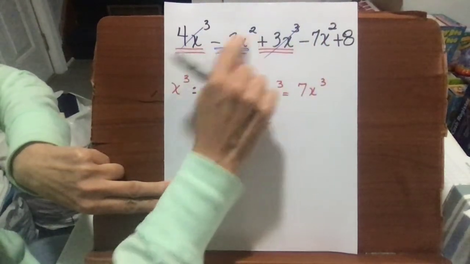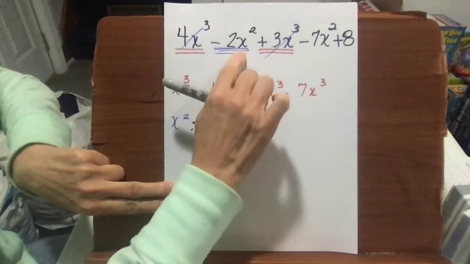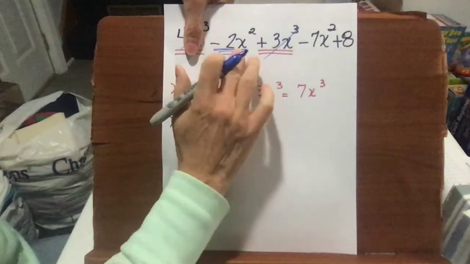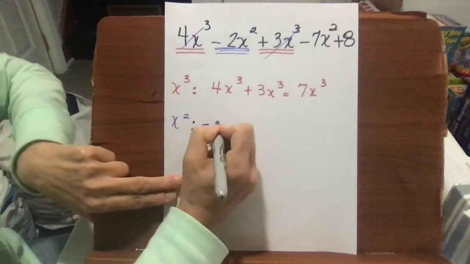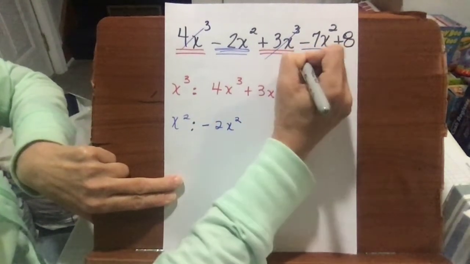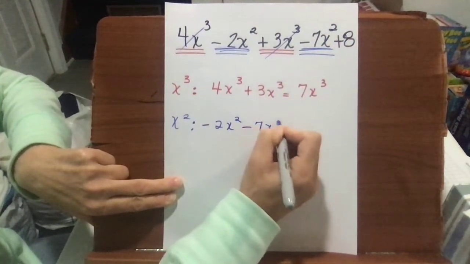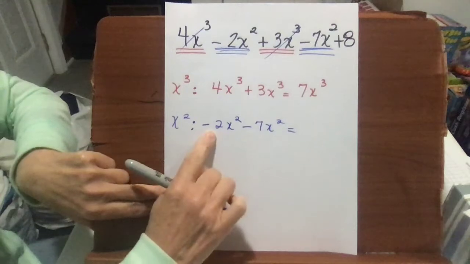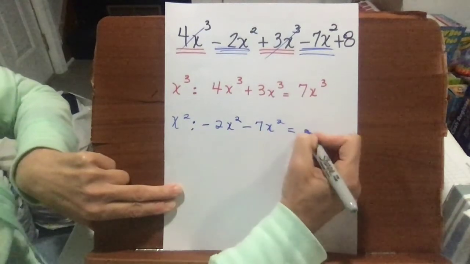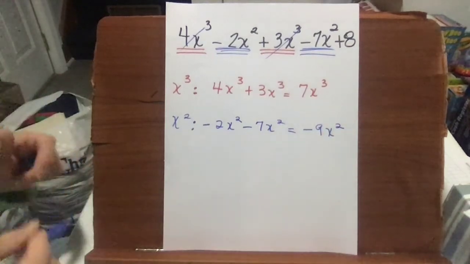So negative 2x squared, that's what that looks like because the sign belongs to the term, and if this is not there, we would read it as a negative. So negative 2x squared, and then we're looking across and we have a minus 7x squared. So I have 2 negatives and 7 more negatives, so I have 9 negatives, so negative 9x squared.